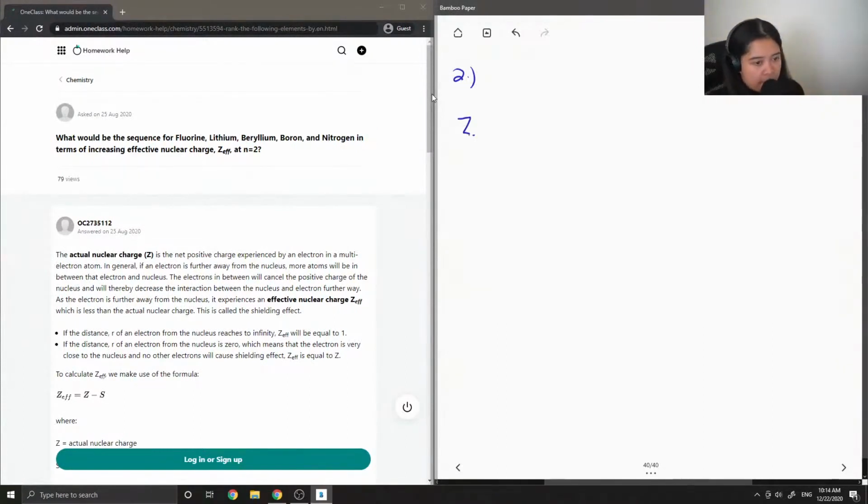Okay, so let's define what Zeff means. So this is the effective nuclear charge.